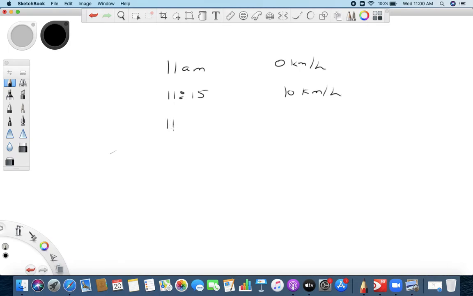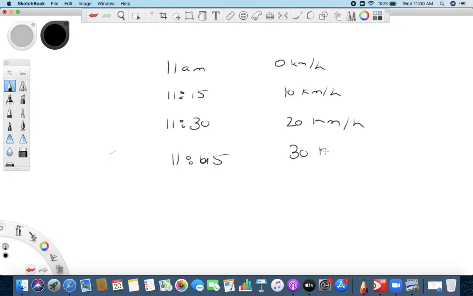Then it is 11:30, and your speed is 20 kilometer per hour. Then 11:45, so every 15 minutes I'm talking about, and your speed is 30 kilometer per hour.